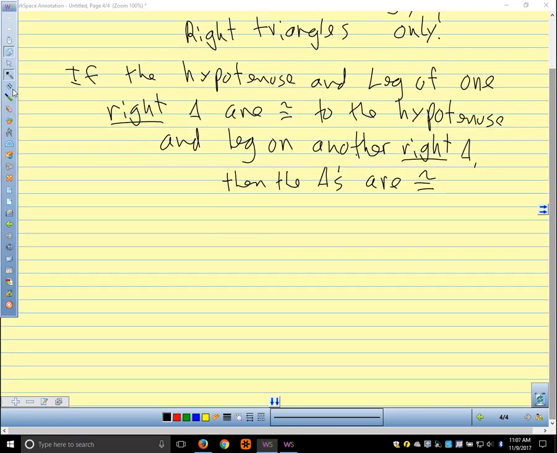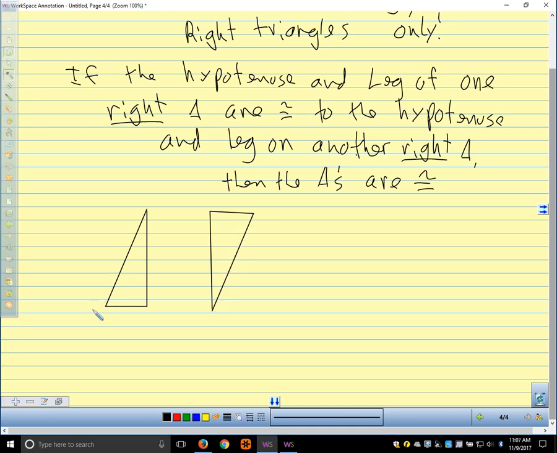So if we wanted to draw a little picture here, I'd have something like this, and I could do maybe something like that. We have a right triangle. We have two right triangles.